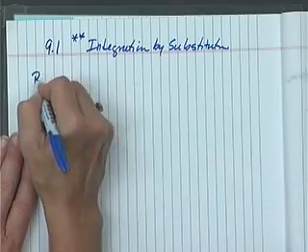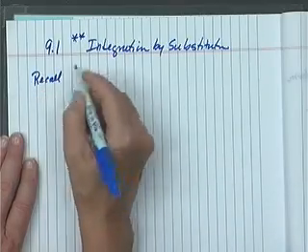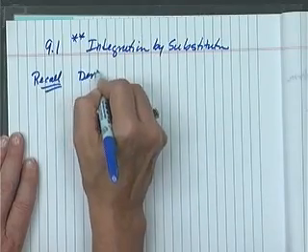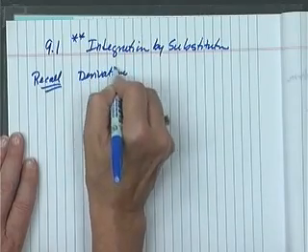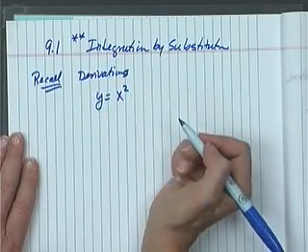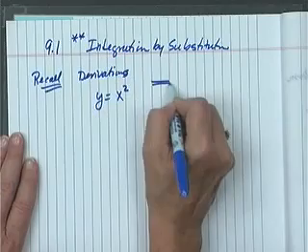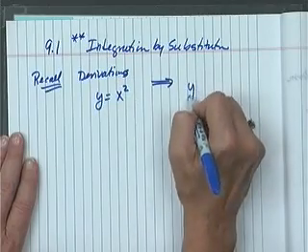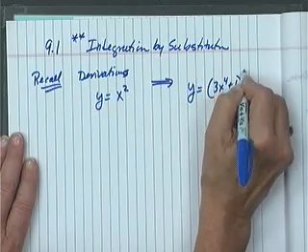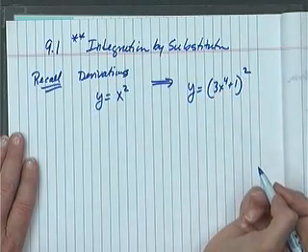And what I want you to recall is back in the days of derivatives. Recall, when we worked with derivatives, we had problems like y equals x squared. Then we went to problems like y equals (3x to the fourth plus 1) squared.